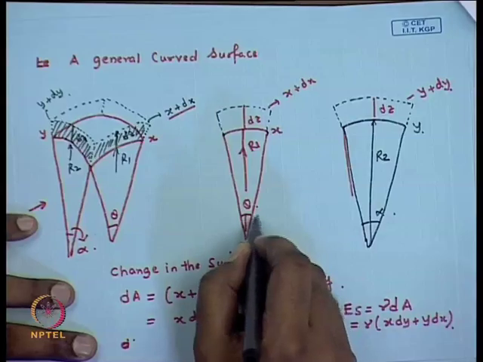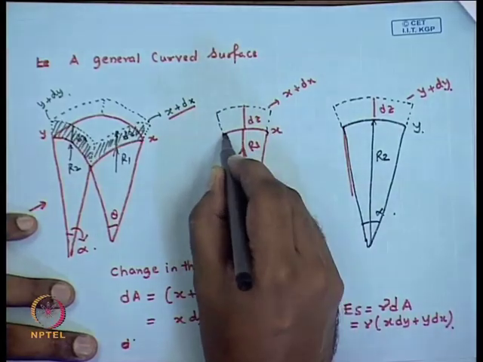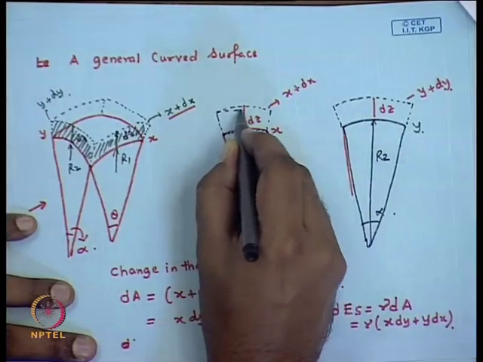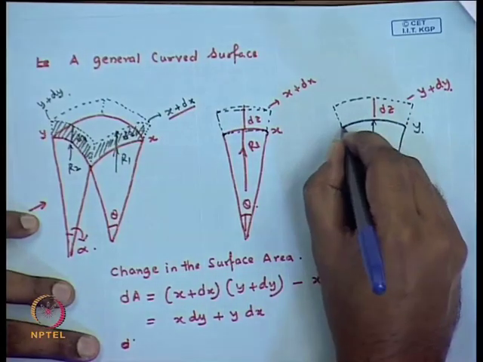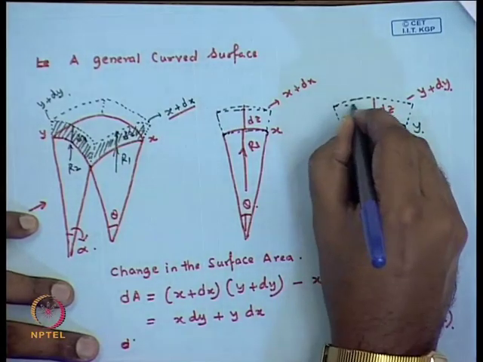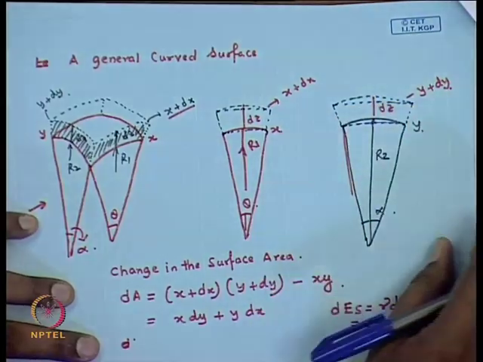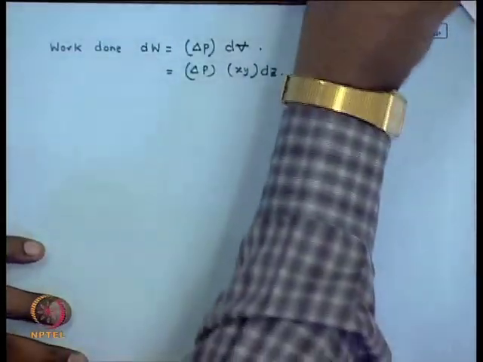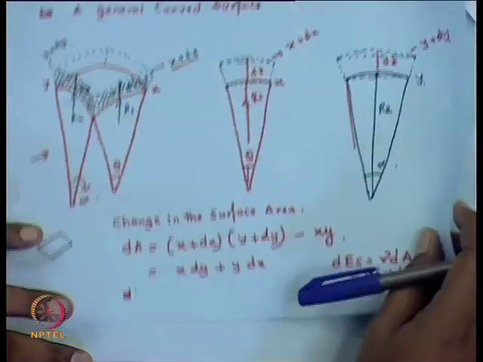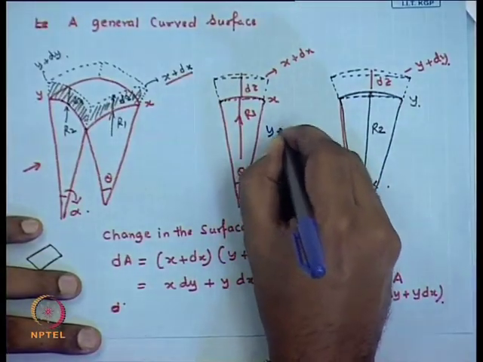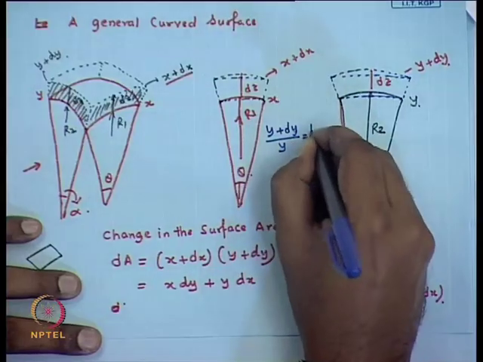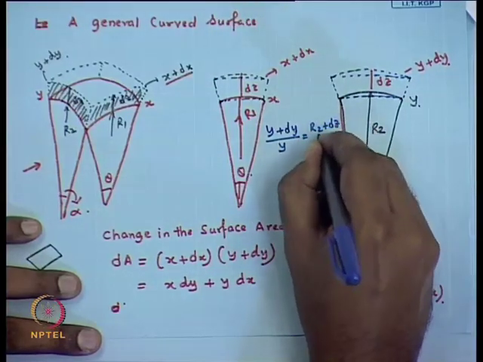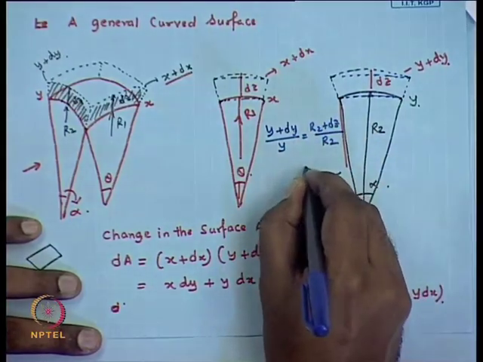Now, from the concept of similar triangles, you can regard these to be straight lines, as we have already done when we considered the surface area to be x y. If you consider these to be similar triangles, what you can come up with is y plus dy by y equal to r2 plus dz by r2 from this triangle.